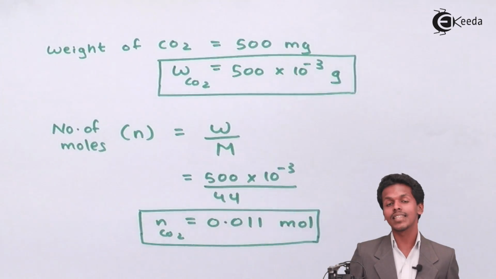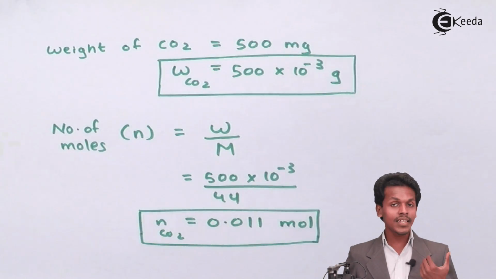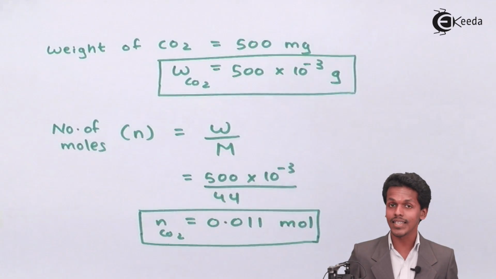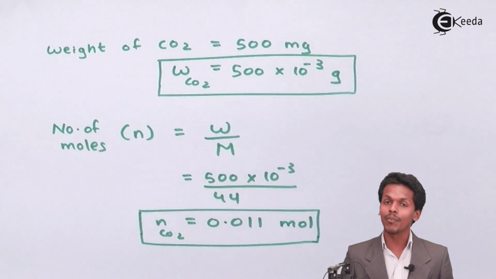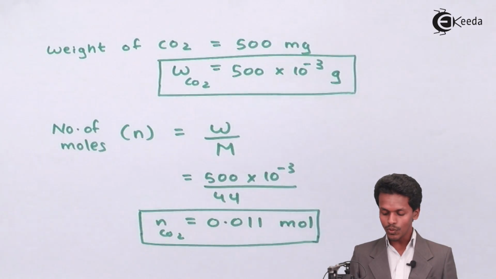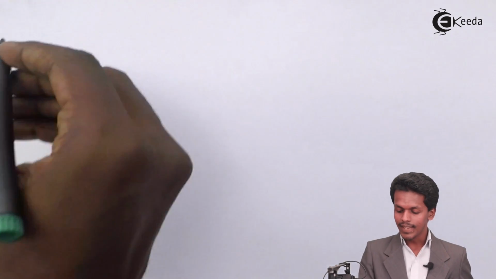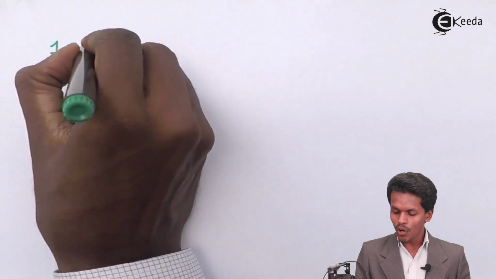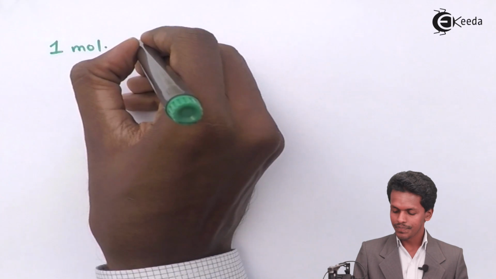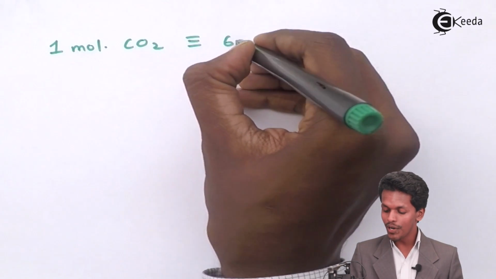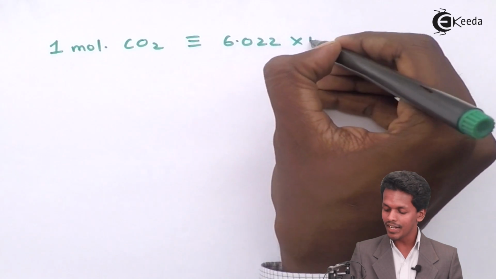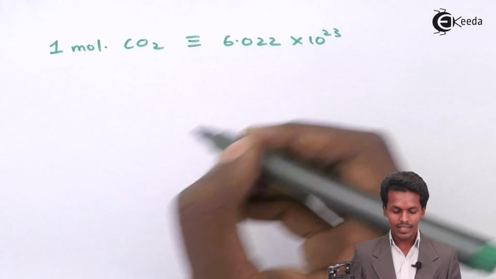This is one answer that we have calculated, but the other question they have asked is the number of molecules present in 500 milligram of carbon dioxide. As we know, 1 mole of carbon dioxide contains 6.022 into 10 raised to 23 particles.